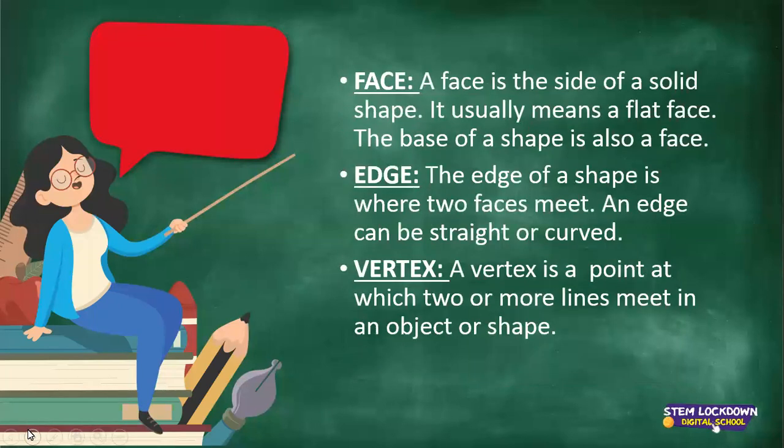Now let us give a clear definition of what a face, edge, and vertex are. A face is the side of a solid shape. It usually means a flat face. Also, the base of a three-dimensional object is a face.